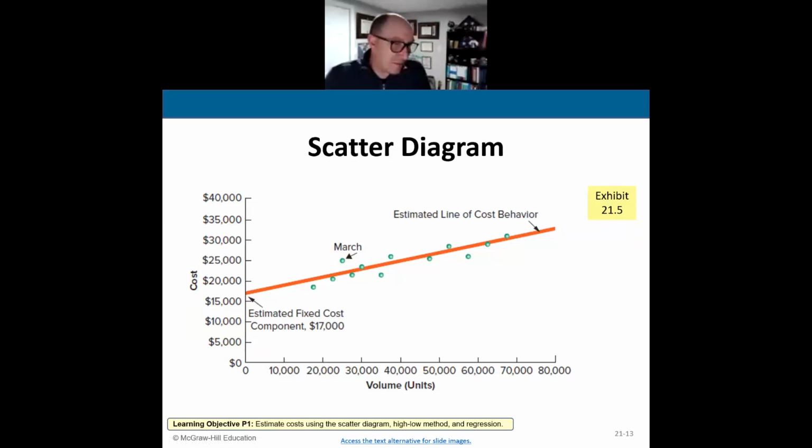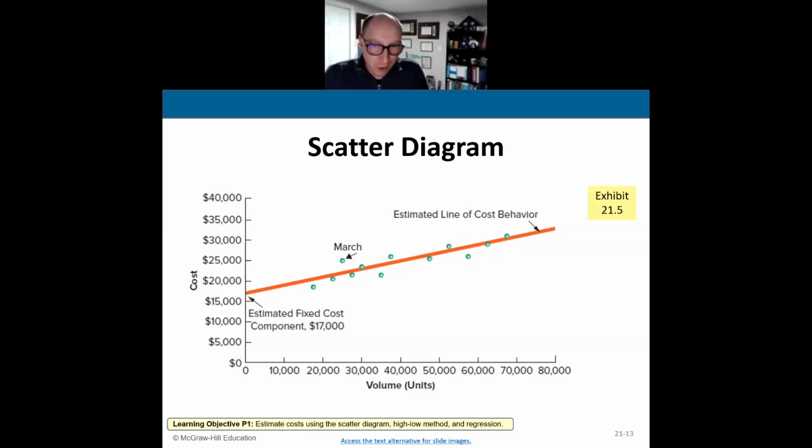A scatter diagram is very simple. All it represents is the points on a chart, which represents the cost for each month. So each of those little green dots you see represents a month.